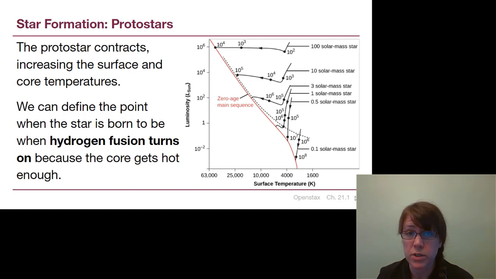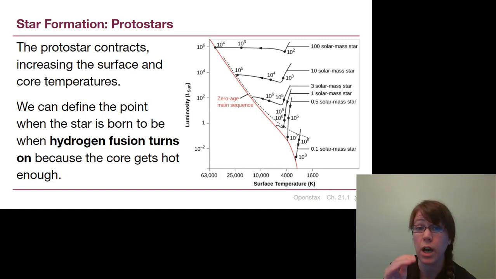For a star like our sun, I'm going to skip a few. You can always pause and look at this image in as long detail as you want to. For a star like our sun, we have points shown here at 100,000 years, a million years, and by 10 million years, it was able to turn itself on.